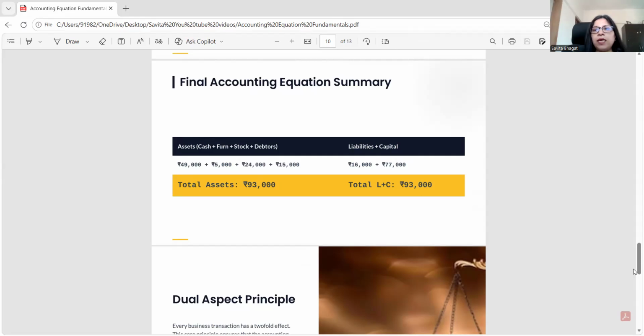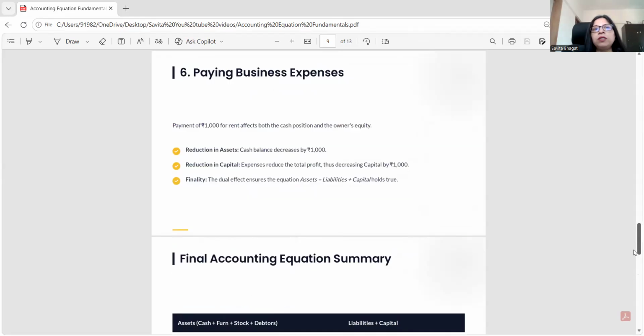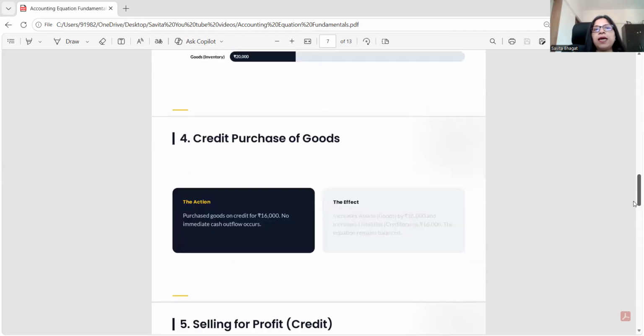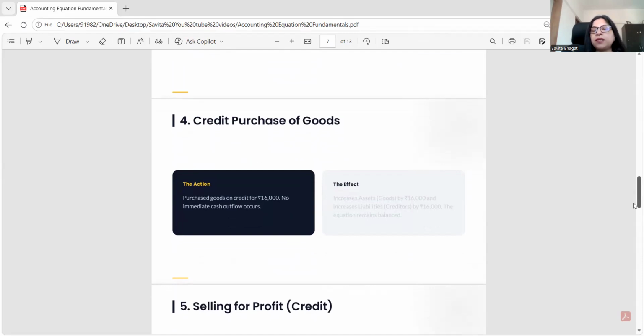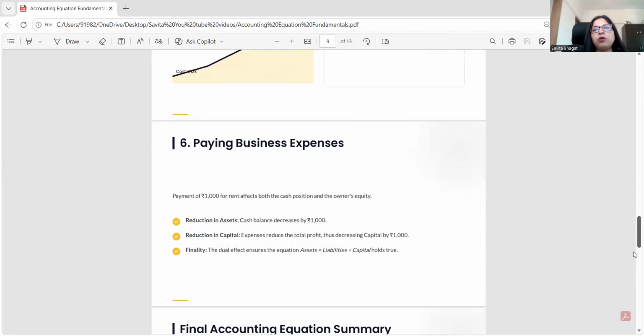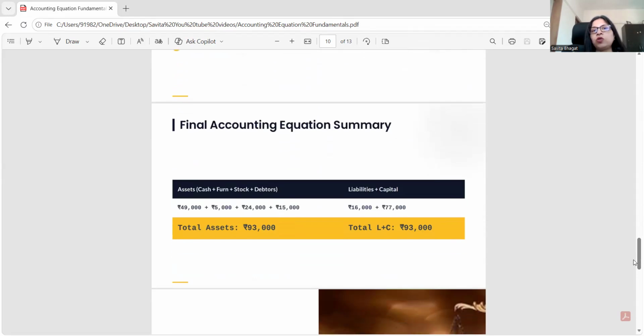because in the above example, we understood that he has purchased goods on credit at 16,000. So when he purchased goods, his liabilities would increase and the stock would also increase on the other hand. And his capital would also increase by 2,000 rupees.